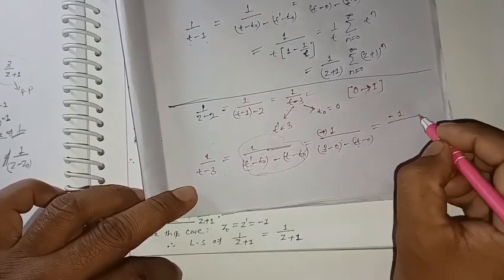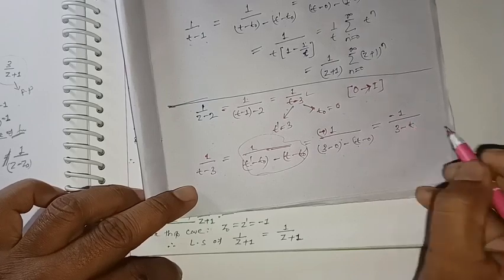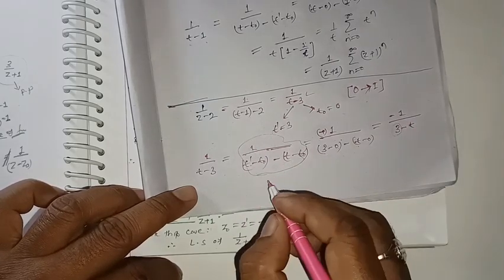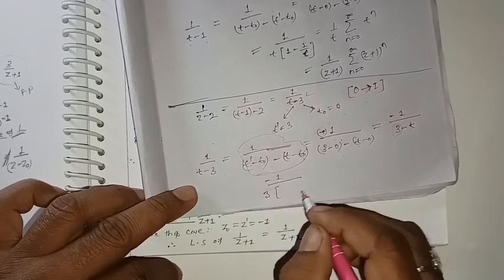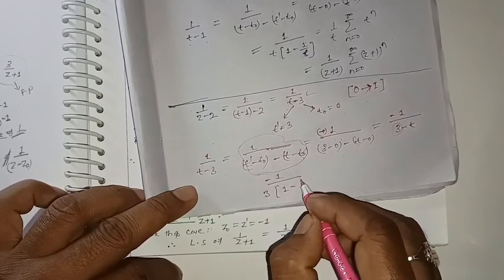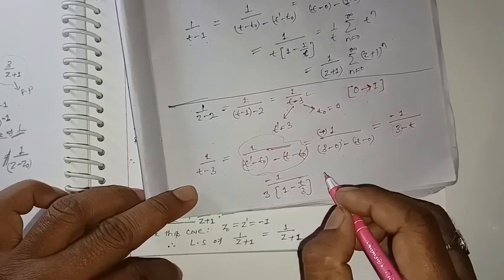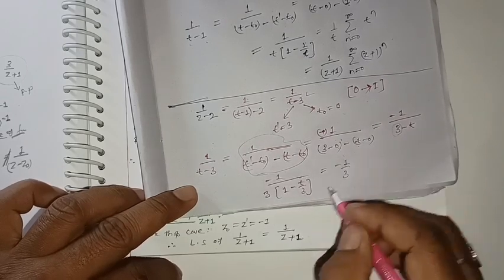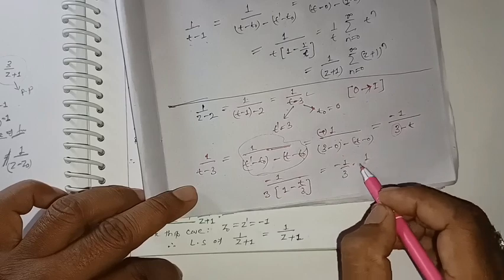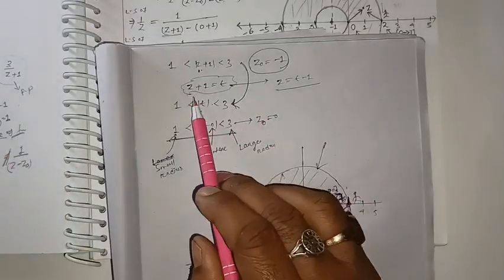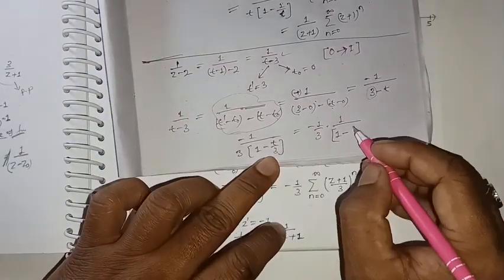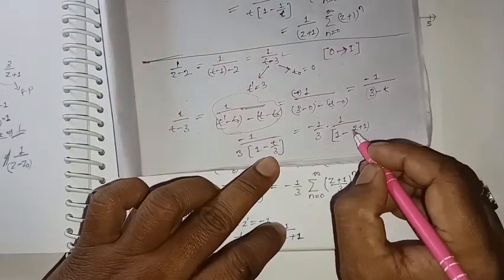So we found minus 1 by 3 minus t. What is the first term? 3 taken outside, so it will be 1 minus t by 3. Okay, t by 3. So minus 1 by 3 into 1 by 1 minus t by 3, where we consider t as z plus 1. Instead of t, you just put z plus 1 by 3.